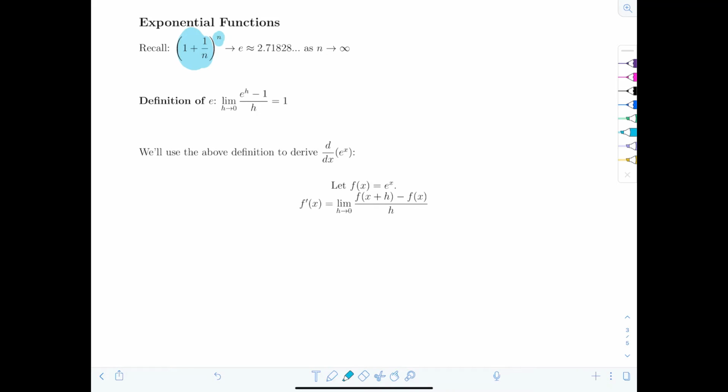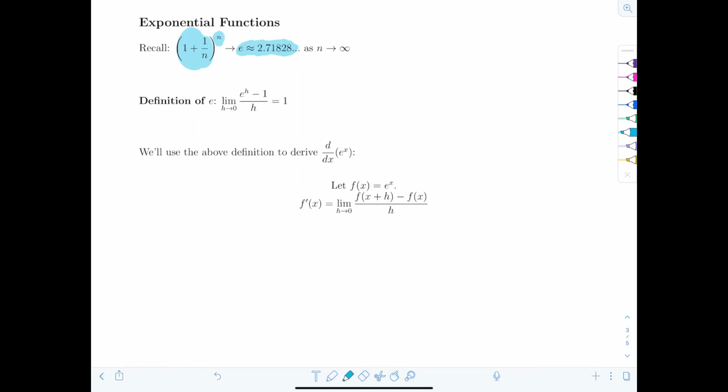And e, it's an irrational number, much like pi, and it's approximately equal to 2.71828... Okay, we will actually later in the semester show that this is the case using fancy limit laws.